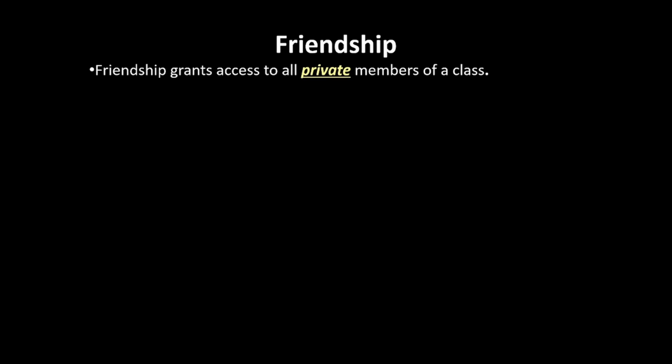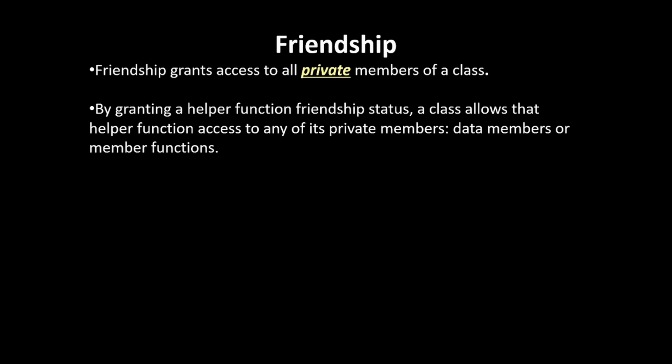So before we move on, I really want to do a quick recap of the rules of friendship. It's important to fully understand that friendship grants access to all private members of a class. By granting a helper function friendship status, a class allows that helper function access to any of its private members, data members, or member functions.